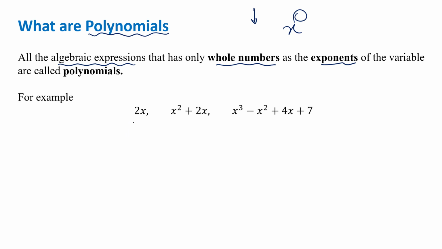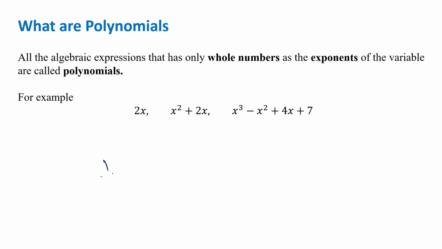For example, 2x, x square plus 2, x, x cube minus x square plus 4x plus 7. In all these examples, you can see the power of the variable is always a whole number. Here the 2 is a whole number. Here x raised to power 1 is there, so it's also a whole number. So it is a polynomial.